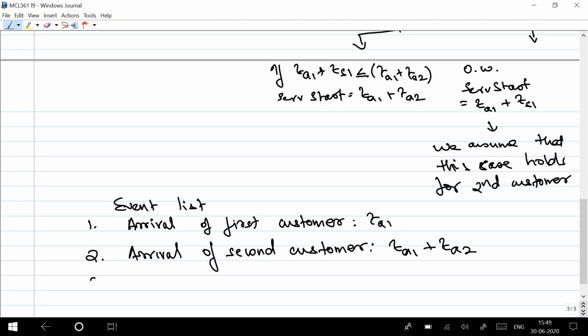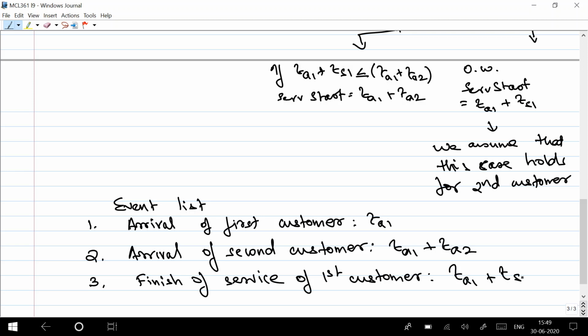The next event that occurs is the finish of service. So we're not considering the third event yet, of service of the first customer, which is basically TA1 plus TS1.